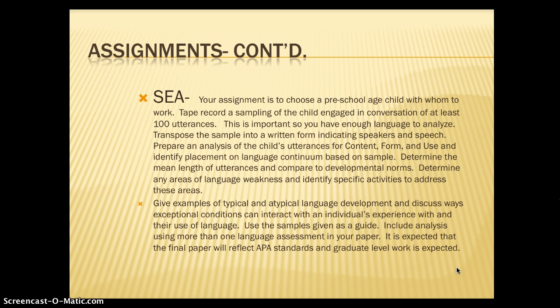You'll be transposing this taped sample into written form, indicating the speakers in the speech. Then we'll be analyzing the child's utterances for content, form, and use, and placing that child on a continuum so we can see their strengths and their weaknesses compared to developmental norms.